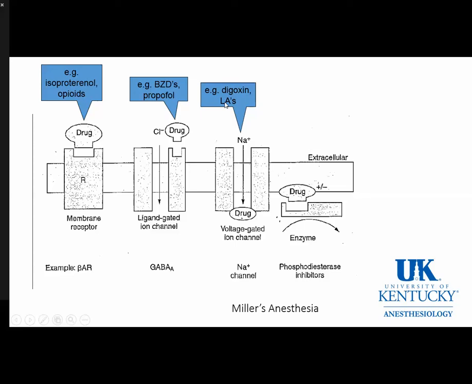We know that a local anesthetic will move to the inside of the membrane and block this ion channel, disrupting the flow of these ions across, in this case, the nerve membrane, and disrupting nerve impulses down that membrane, causing a sensory or motor block.